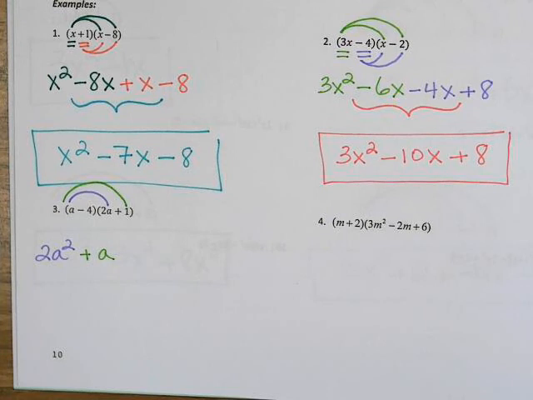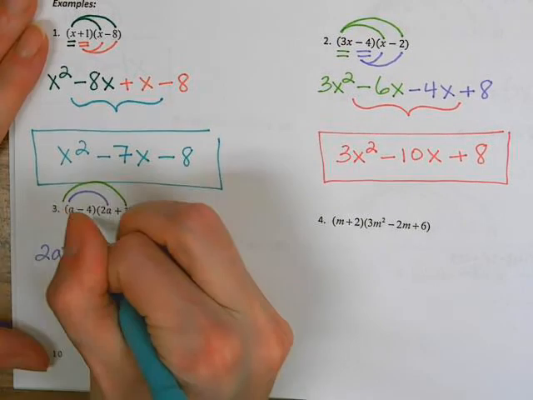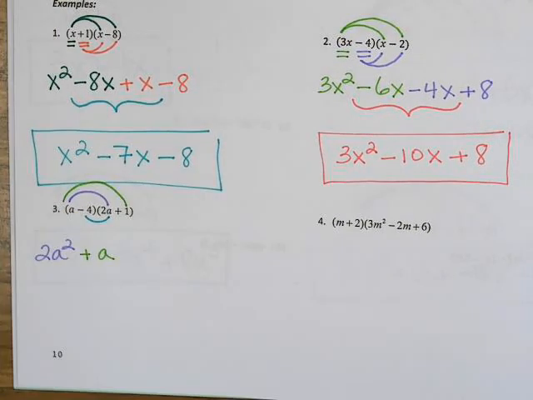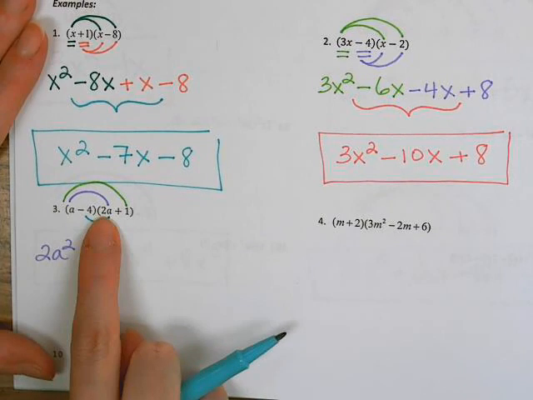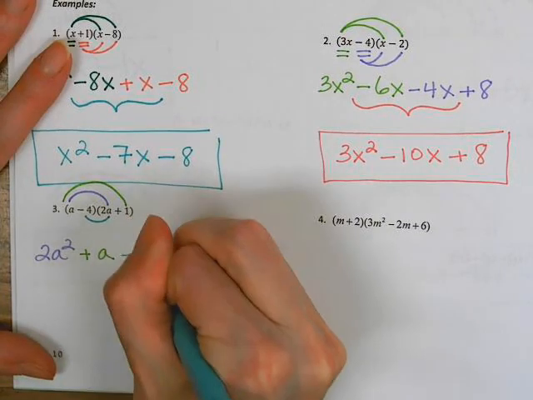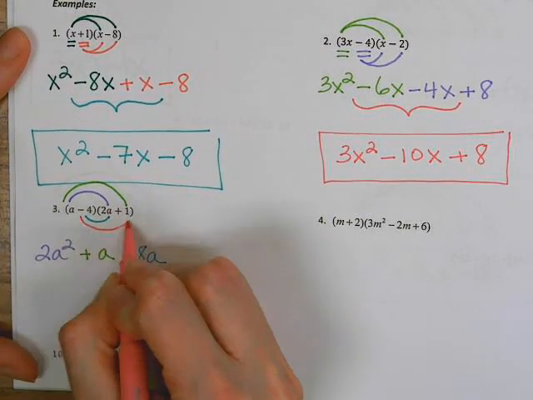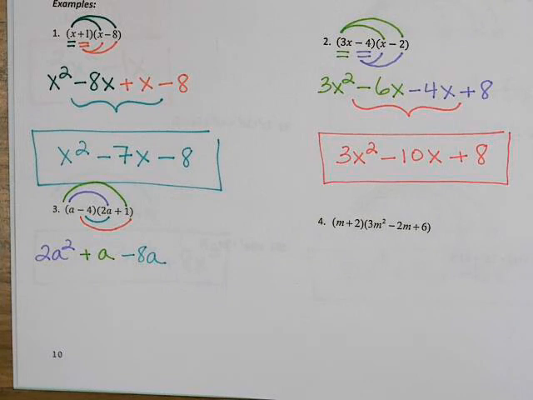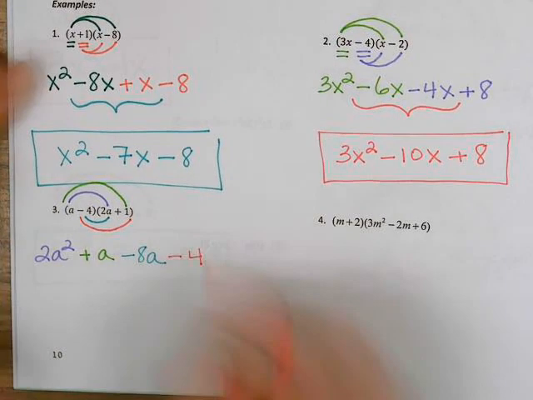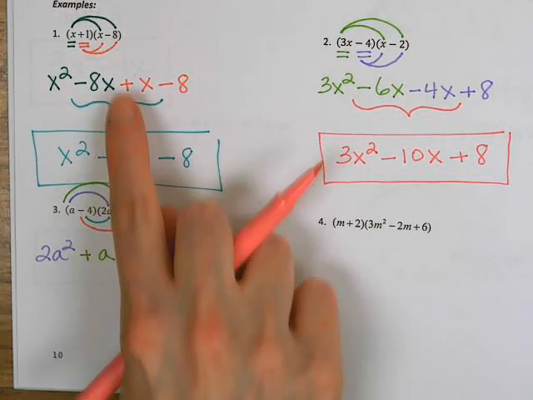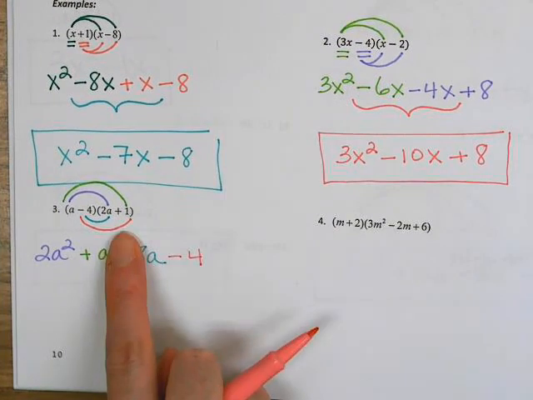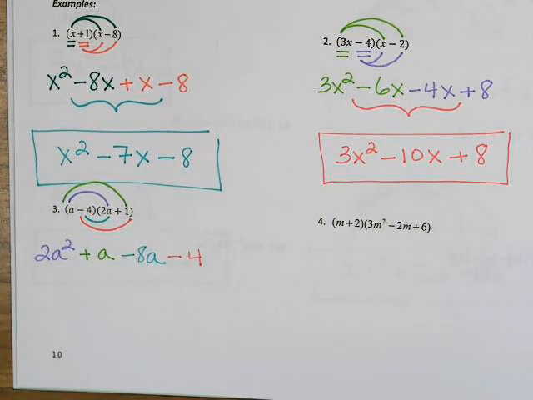Then you do the inners, and these are the inners. Negative 4 times 2a is negative 8a. And then you do the last ones, which are these two. Negative 4 times 1 is negative 4. So if you notice, it's exactly the same as my way. It's just a different way to set it up.